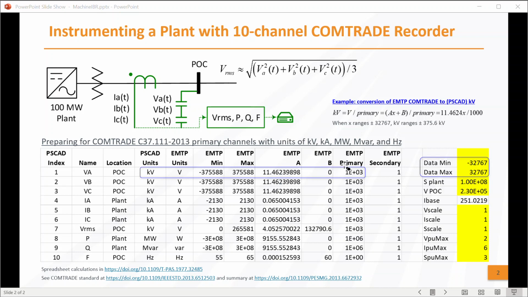If I want kV, I'm going to divide it by this primary transducer ratio. So most of these are 1E3, except for P and Q. We call it megawatts and megavars, so I want to divide watts and vars by a million to get megawatts and megavars. And then for the frequency in hertz, both tools export in hertz, so there's no adjustment there.